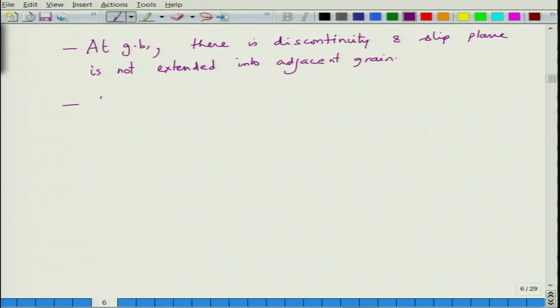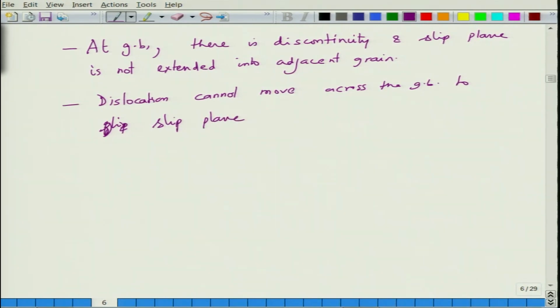So, basically the dislocation cannot move across the grain boundary to a slip plane which should be favorable for it to move. So, it should follow the condition of shear stress and the resolved shear stress and so on and so forth.